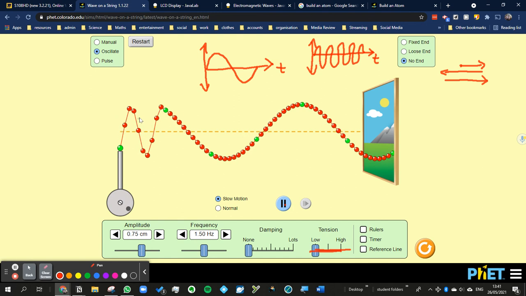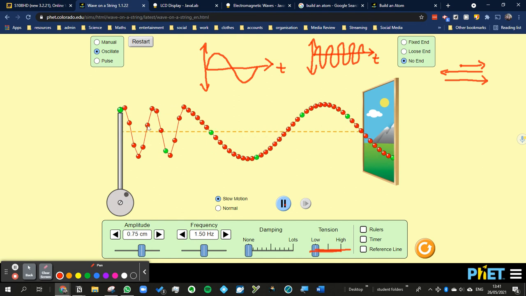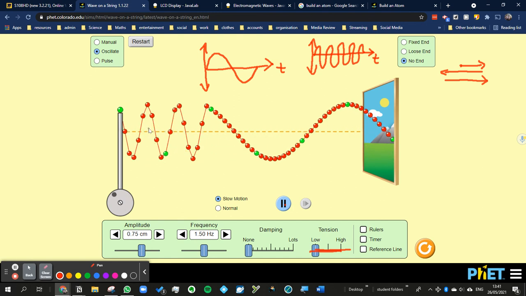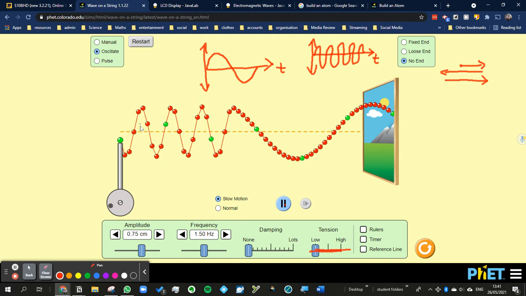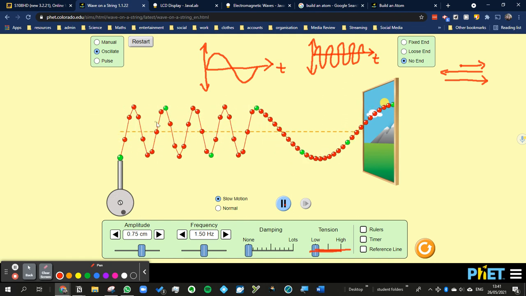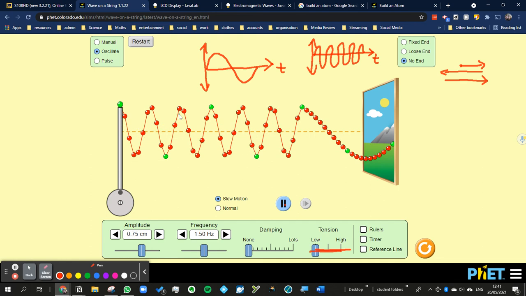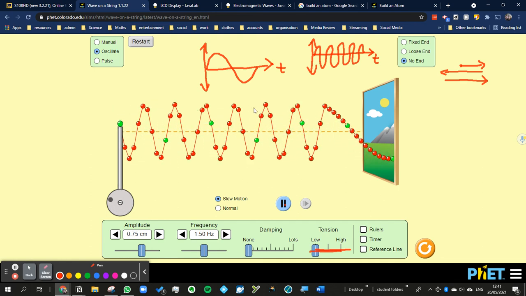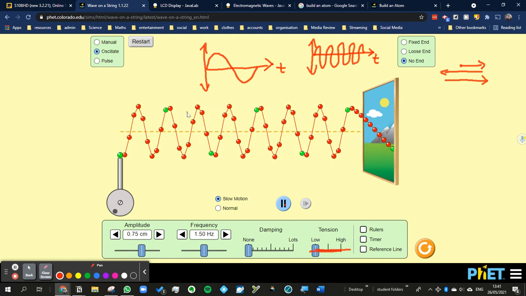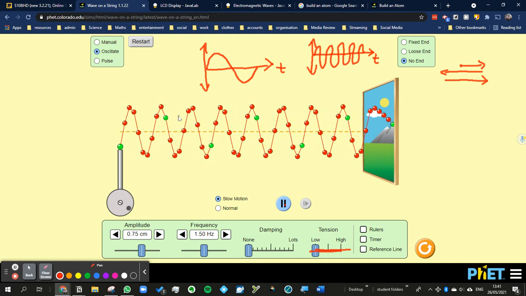Because the wave is traveling more slowly, in the same period of time it's able to get the waves close together, because the pattern is not traveling from left to right as quickly as it was earlier on.